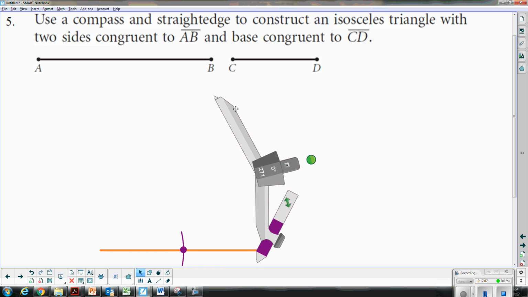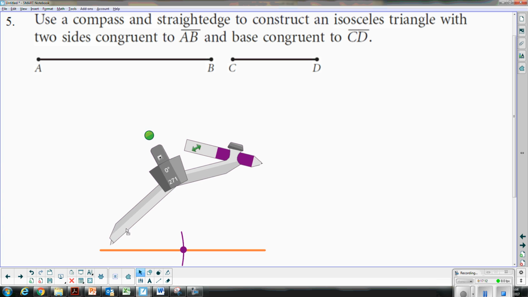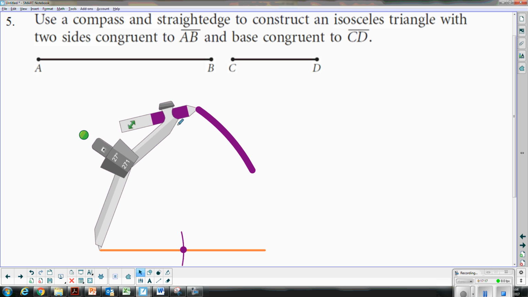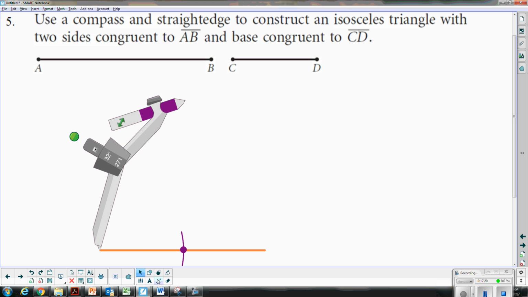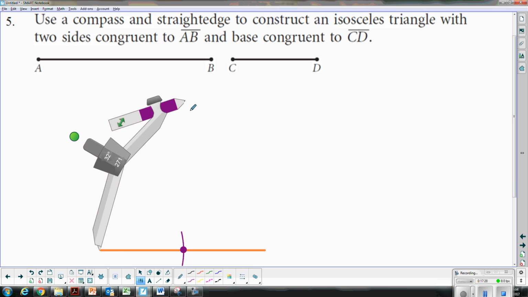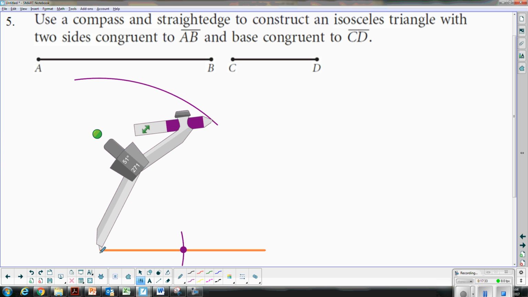Okay, so I'm going to start here at my endpoint, and every point on this arc, every point on this arc from this endpoint right here is the same distance as it is from A to B.